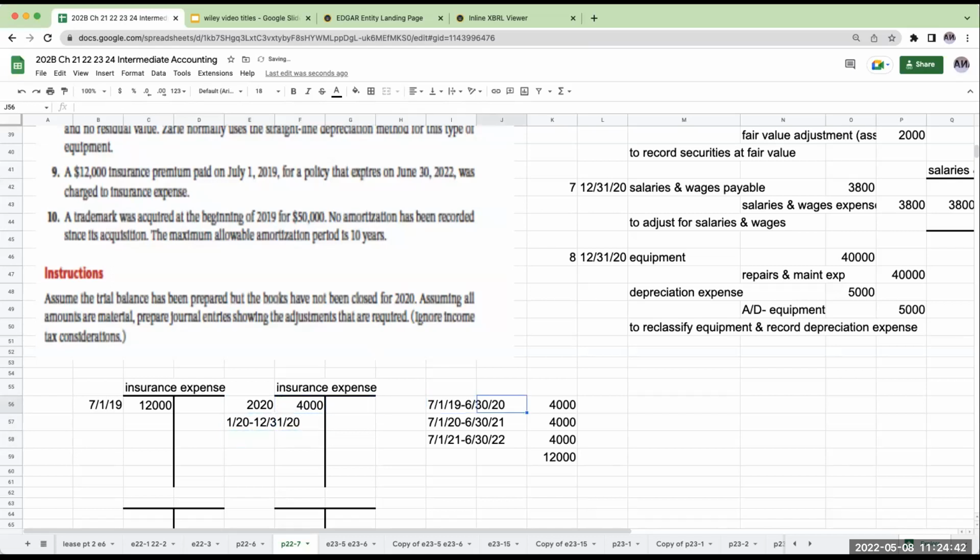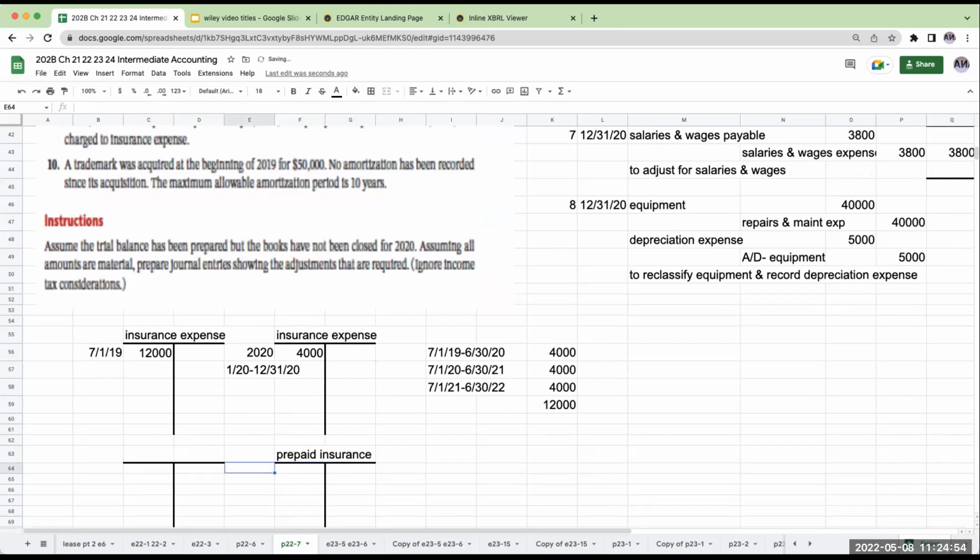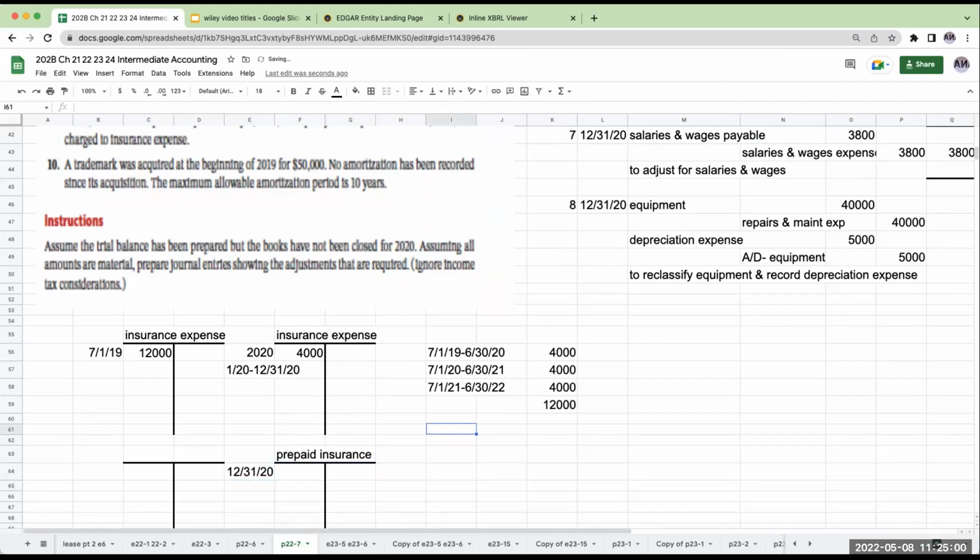It's 4,000 because it's 6 months of this policy and 6 months of this, or 2,000 and 2,000. Now, what is the amount of my prepaid insurance? Well, my prepaid insurance, again as of 12/31/20, should be how much? Over here, I've got 2,000 left on this policy because this is going out through 2021. Over here, I've got 4,000 on this policy. So this is going to be a total of 6,000.